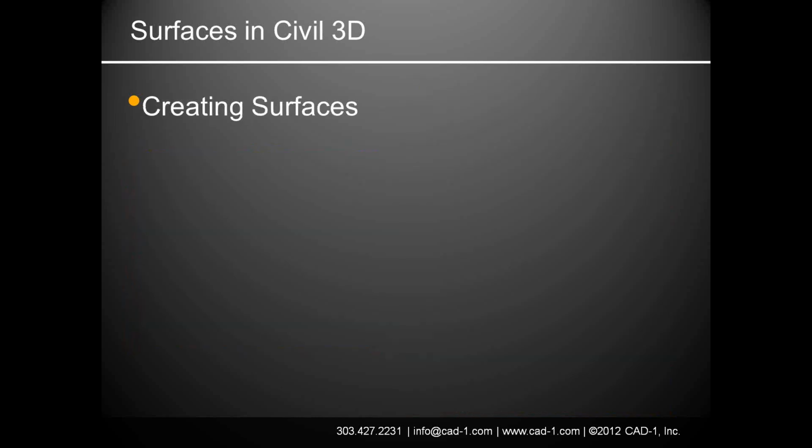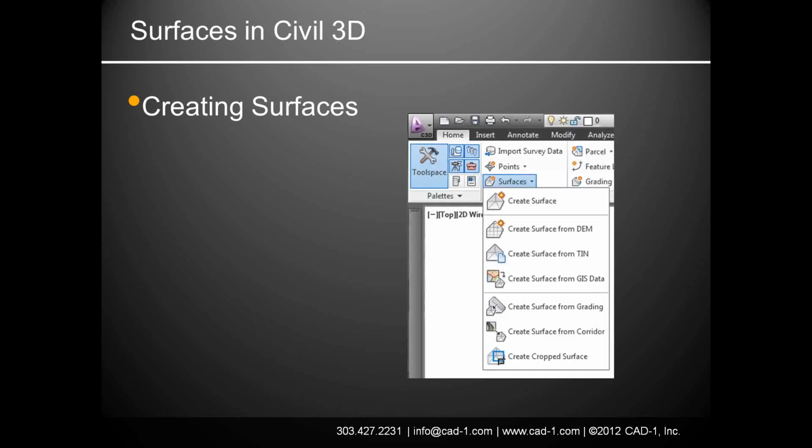Creating surfaces is pretty straightforward. In Civil 3D, on the Home tab, in the Create Ground Data panel, the Surfaces flyout, you create your surfaces. Now personally, the only one I've ever used from this list is this button right here.